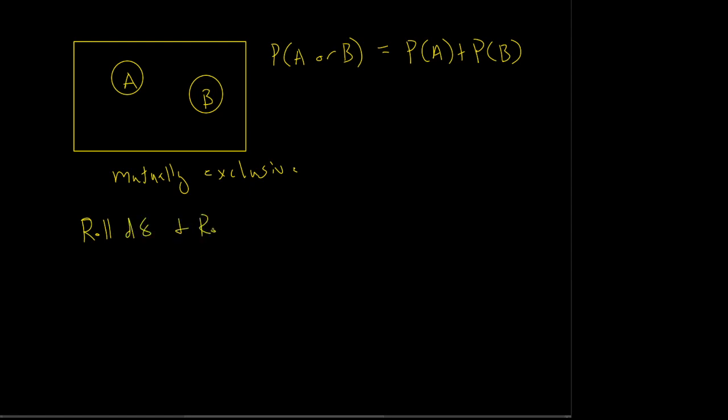So for example, if I need to roll a D8 and roll a D6, sorry, I subtracted one. My probability of rolling a 5 on the D8 and a probability of rolling a 3 on the D6, right? And so those are the two rolls I could possibly do. Well, whatever I roll on the D8 won't change the sample space for the D6.